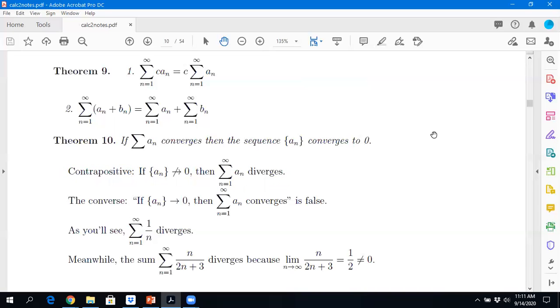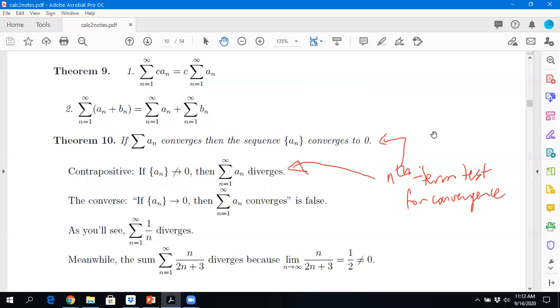By the way, this theorem right here is called the Nth Term Test for convergence. Basically, the Nth Term Test is oftentimes applied in this way.